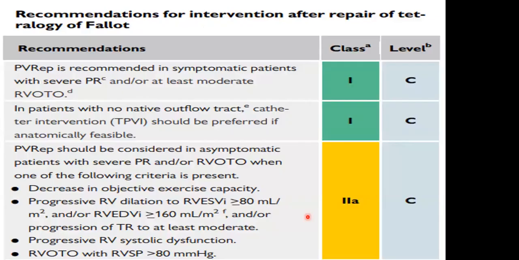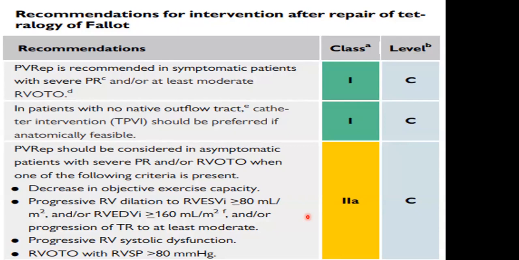Okay, so here these are the ESC guidelines for what is to be done in a patient, either we are doing the pulmonary valve repair, or we are doing other things for them. Before we do a pulmonary valve repair for this patient, the patient has to meet certain criteria.